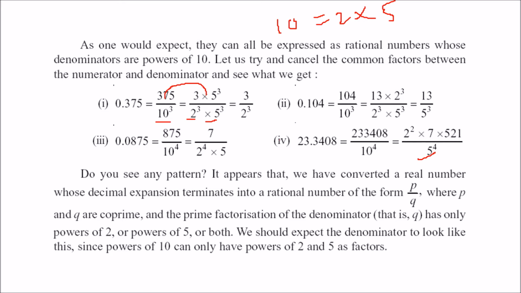Can you find out any pattern? You see that these numbers have in the denominator either 2 or 5 or both. So we have a denominator with 2 and 5 here, and now we can expect that these numbers are actually terminating decimal expansions.